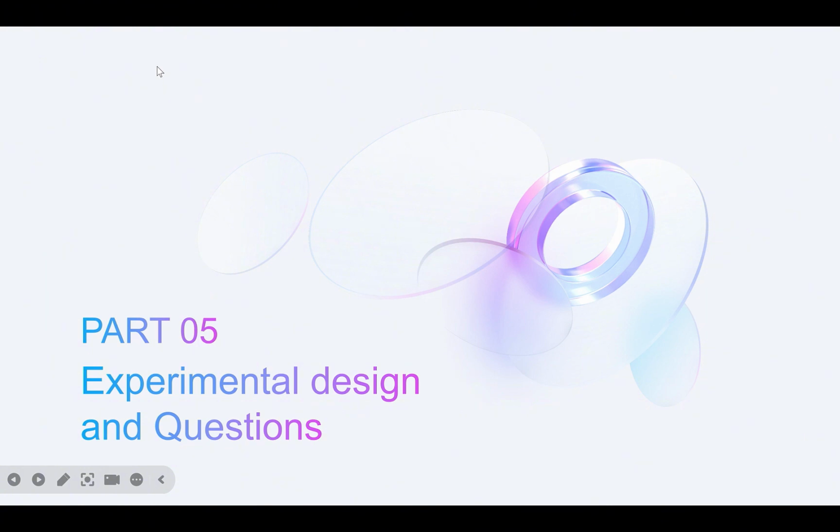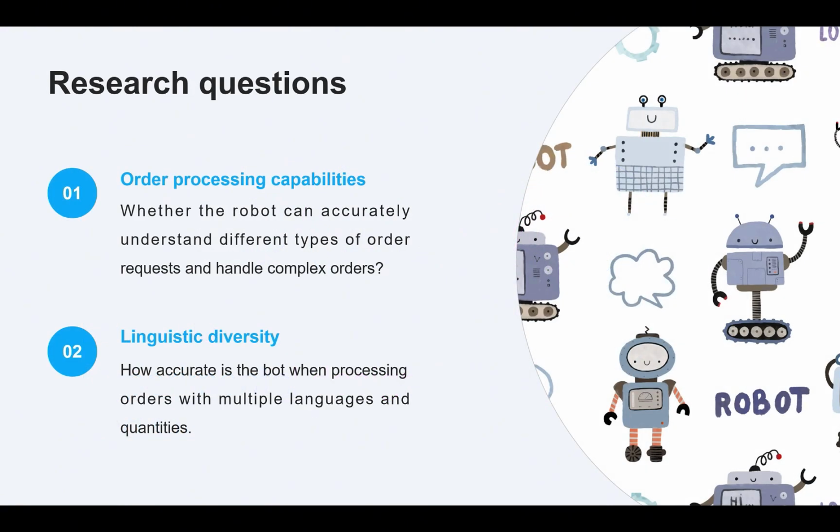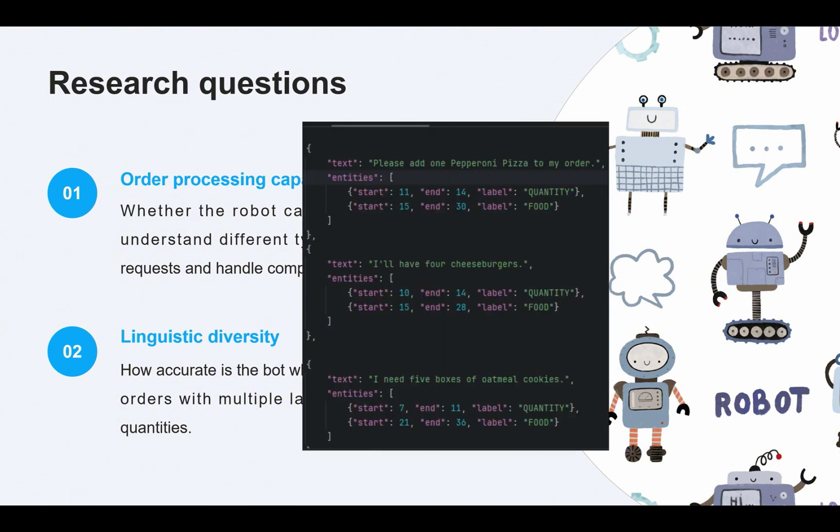Questions and experimental design. In this part, we explore our research questions and introduce the design method of experiments to evaluate the performance of food ordering chatbots in real-world applications, especially their accuracy in understanding complex orders.